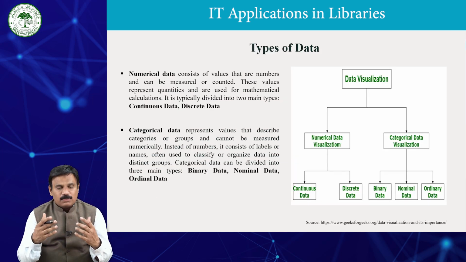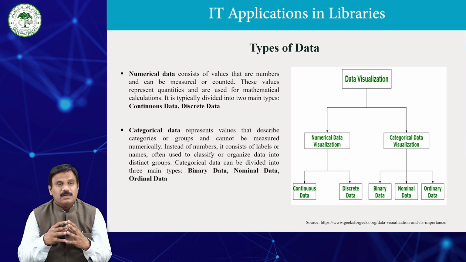Now let us discuss what are different types of data. Numerical data consists of values that are numbers and can be measured and counted. These values represent quantities and are used for mathematical calculations. It is typically divided into two main types: one is continuous data, and the second one is discrete data.